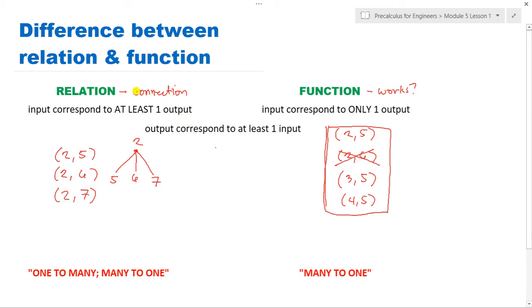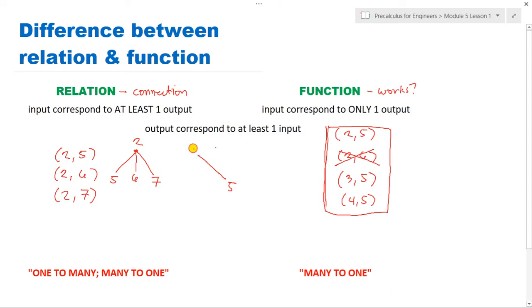But even if relation and function are different, they come up with a common idea wherein your output corresponds to at least one input. So what does it mean? Here you have a single output. Let's say my output here is 5, and from this 5 you have at least one input, so you have 2 or more inputs.